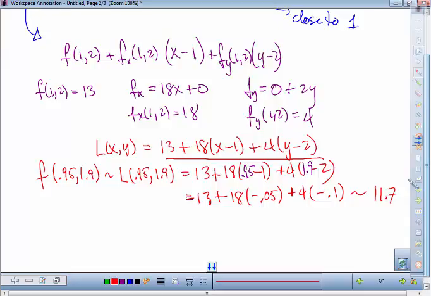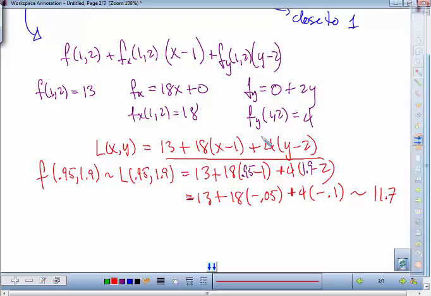What is it? 11.7. Yeah, so the idea is that if we had some funky looking function with maybe trig or ln's or exponential functions, putting an x and a y into a function like that would be kind of difficult, whereas putting an x and a y into a linear function is a lot easier.